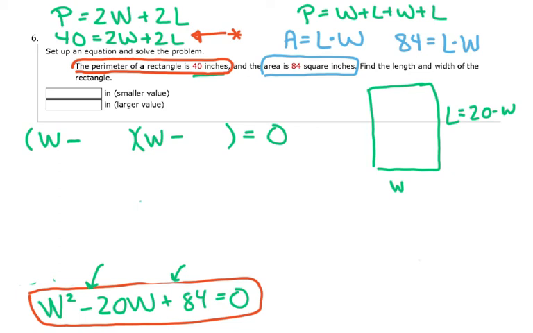We're looking for factors of 84 that we can use. So we want A times B to equal 84, and we want A plus B to equal negative 20. So this is how I start doing this.